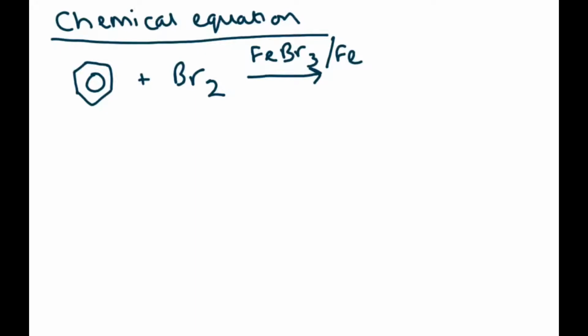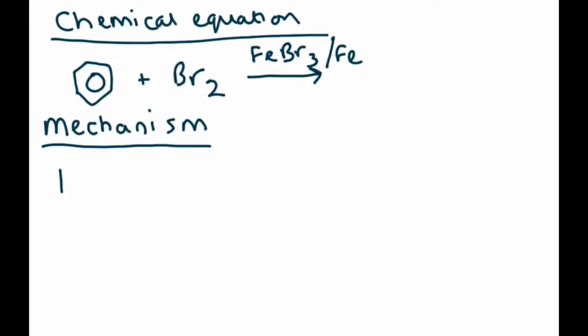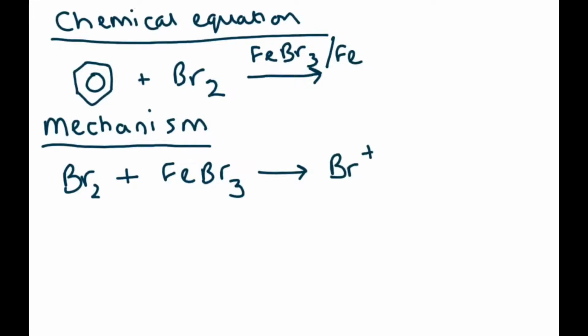Okay, now the mechanism. The mechanism shows you what happens to the electrons, the movement of electrons. The first step, step number 1, is that you've got the bromine molecule, and it reacts with the catalyst and forms an intermediate. Then it generates a positive charge, and that's your electrophile.